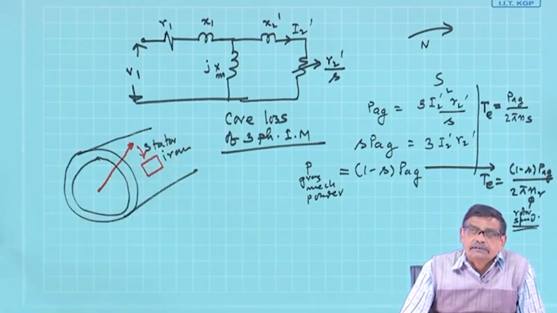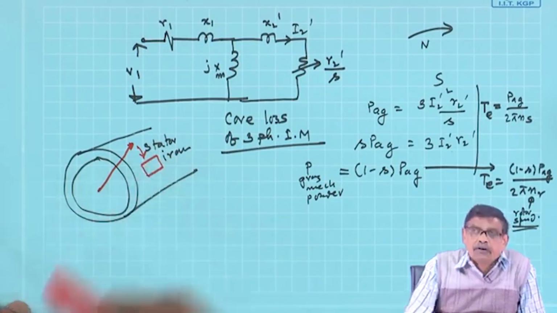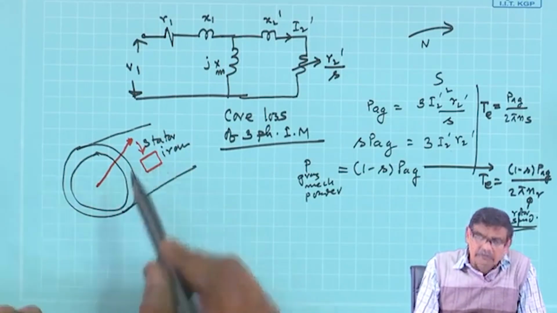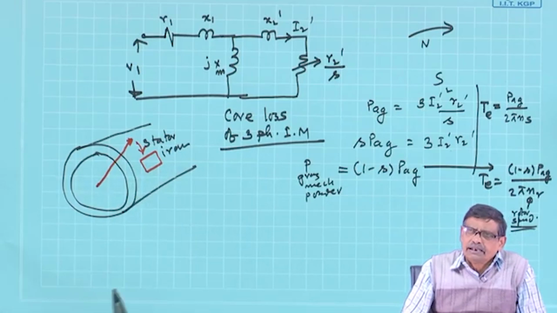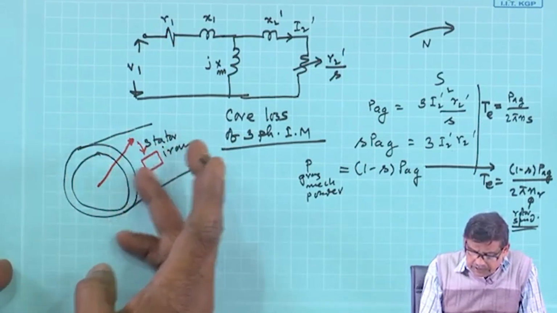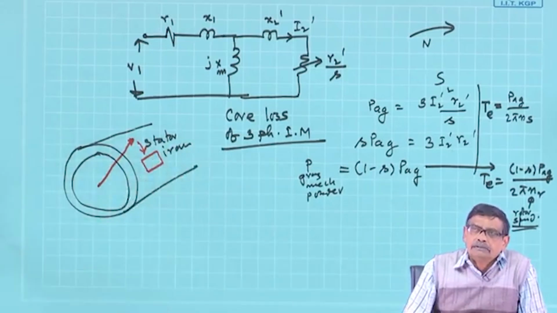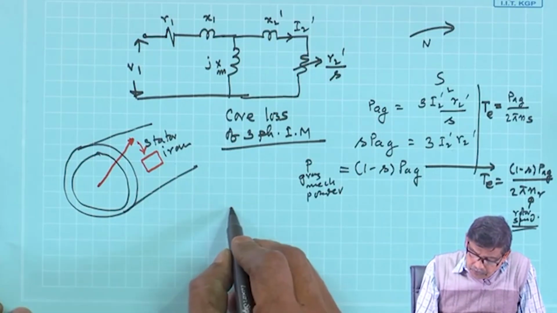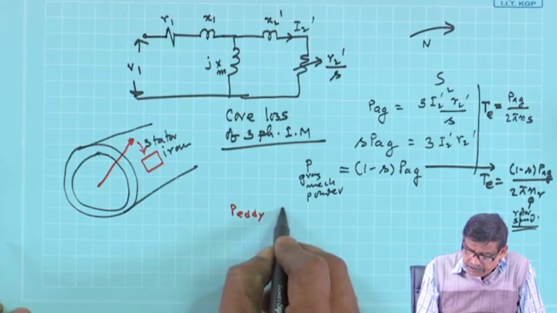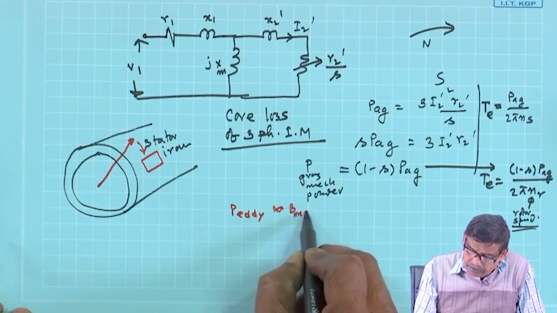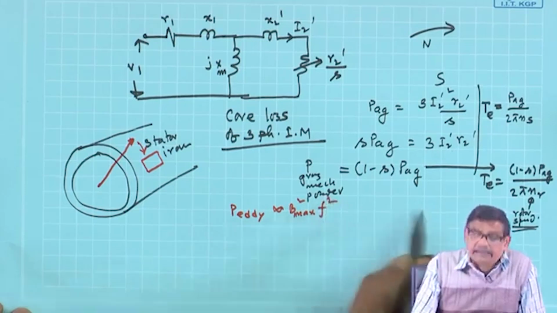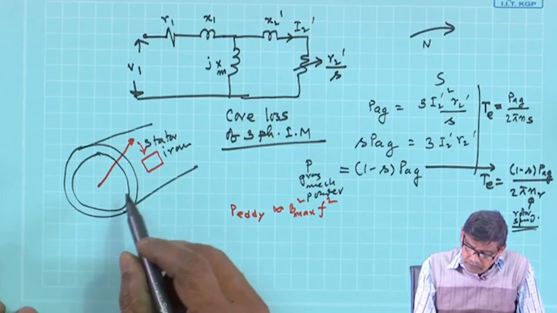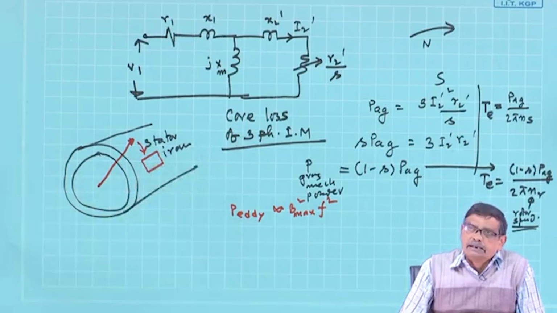These are called eddy currents, and they will cause power loss in the stator. This power loss will be proportional to, just like in a transformer, the frequency at which this flux is cut in this loop, that is f squared, and the maximum flux density squared. So eddy current loss, as you know in a transformer, is proportional to Bmax squared f squared, per unit volume. So eddy current loss will take place in the stator iron.